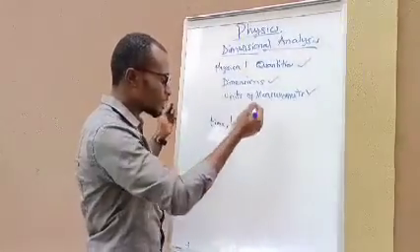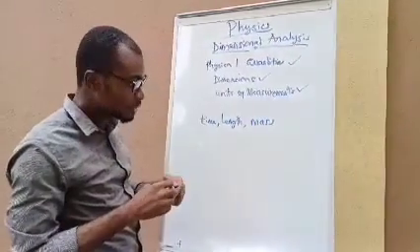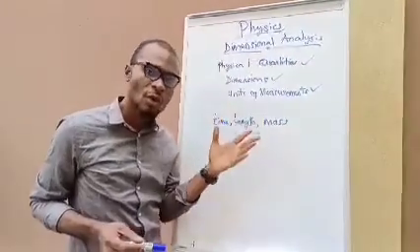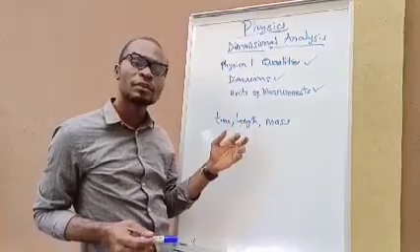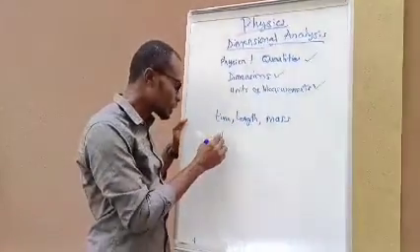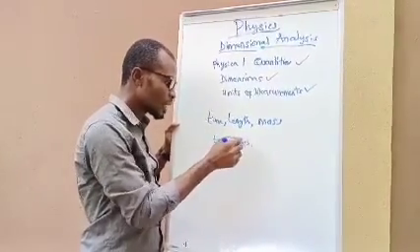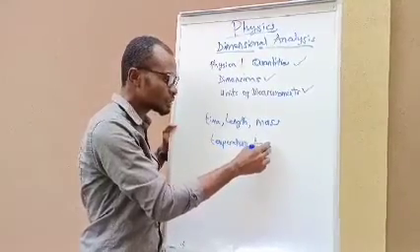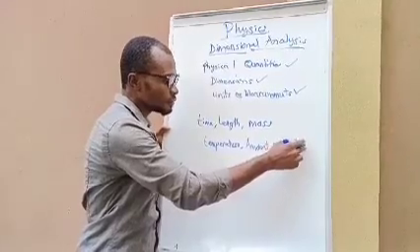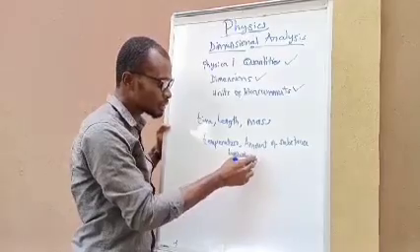And then we talk about mass. Of course, every living thing and non-living thing has a mass. These are the basic ones I'm going to be dealing with. There are other physical quantities, like temperature, amount of substance, and of course, luminous intensity.